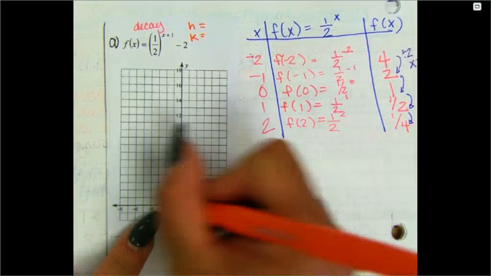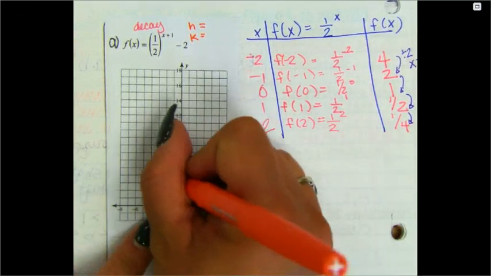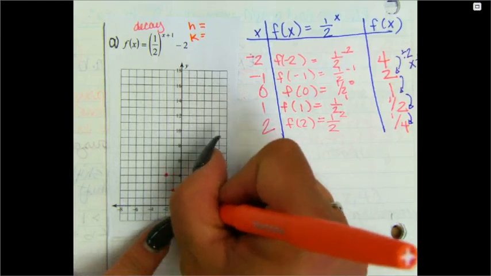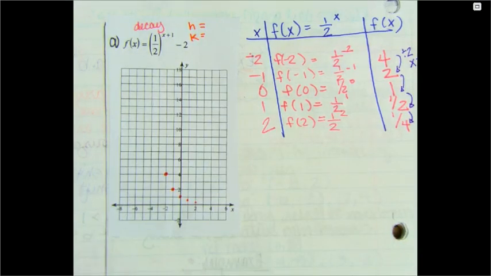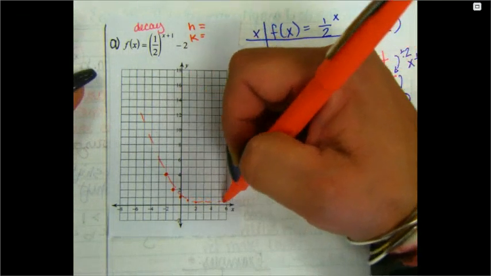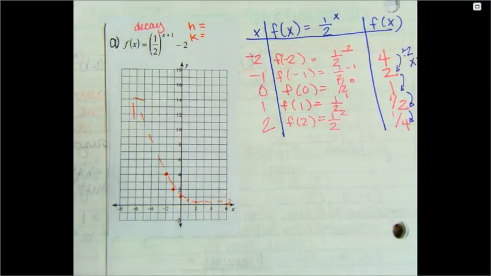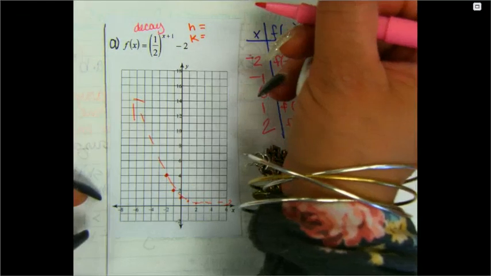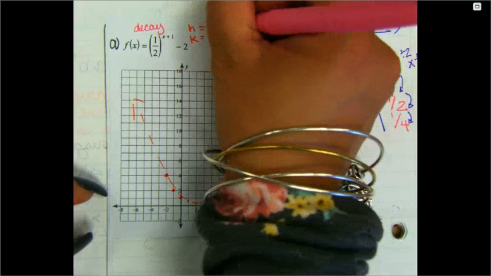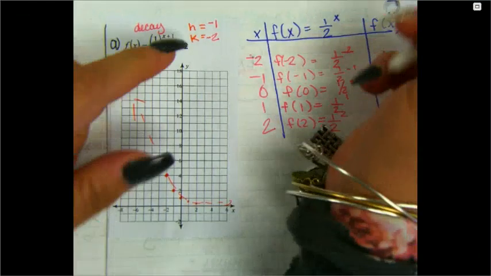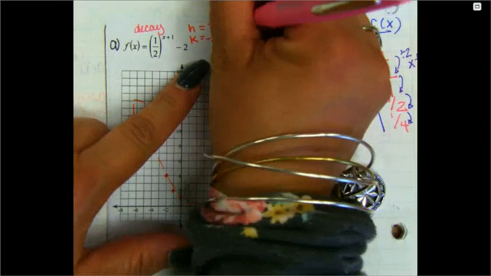Terrifying. All right, -2, 4; -1, 2; 0, 1; 1, 1/2; 2, 1/4. Yes? Okay. Alrighty. What was your H? -1. What's your K? -2. H is going which way? Left, right, up, or down? Left.